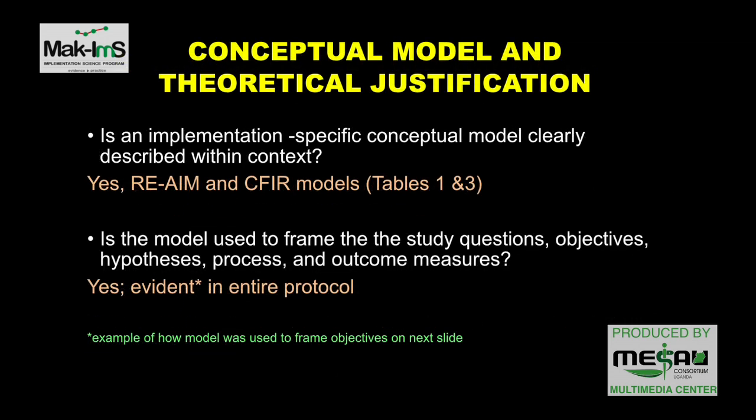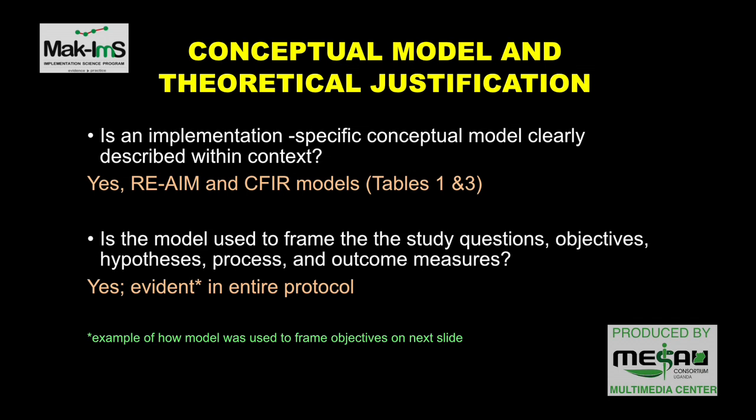And the other key component about implementation science proposals is to be able to be based on an implementation science specific theoretical framework or conceptual models. And we see that evidently in the paper today, that is the REAIM and the CFIR models, which will also be discussed in detail.